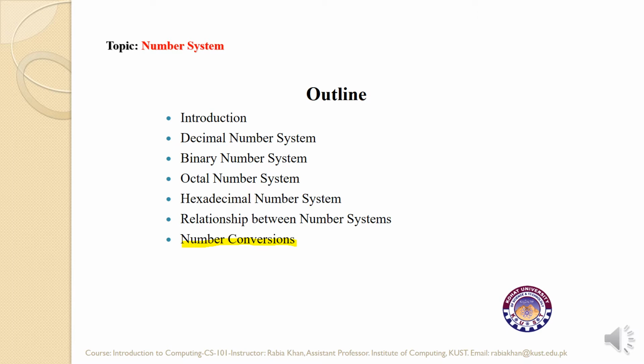So whenever we refer some memory location, that is either in hexadecimal or in octal, so that has to be converted into binary number system. So this is the reason number conversion is an important topic, and you all must understand how we can convert one number system in another number system.